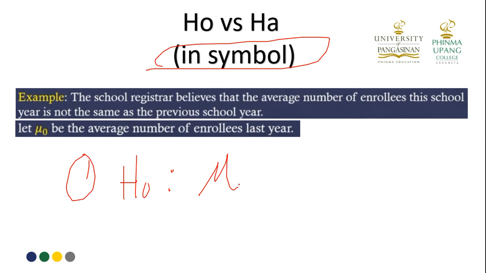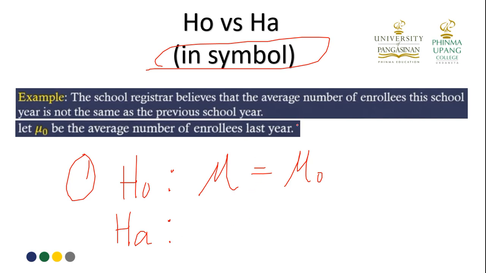Mu and H0 palagi siyang equal, di ba? And ganyan lang siya palagi kapag H0. Always yan, always. And then, dito tayo sa HA naman. Sa HA naman, kung titingnan mo yung problem, balikan natin ulit yung problem. The school registrar believes that the average number of enrollees this school year is not the same as the previous school year.